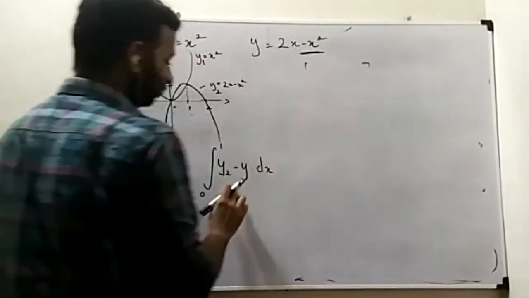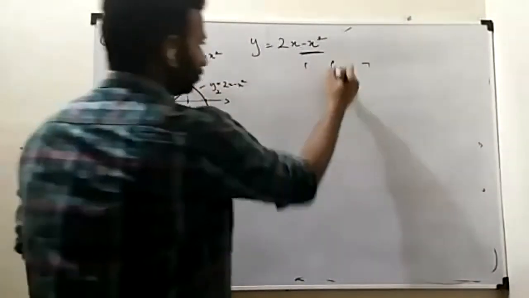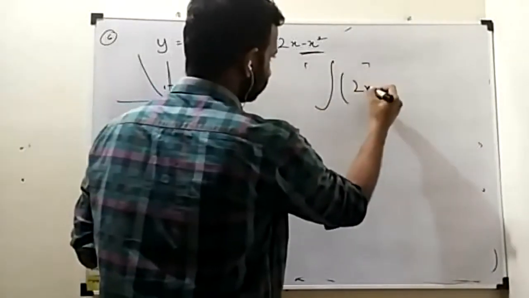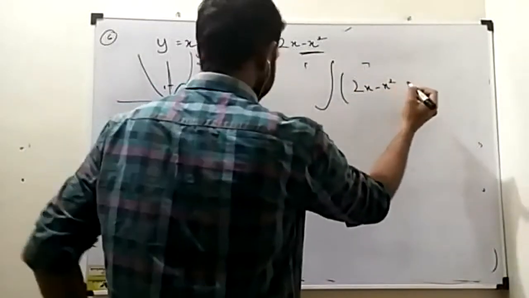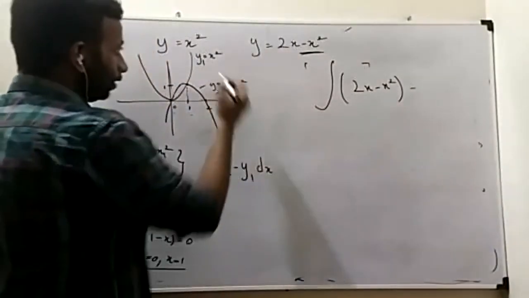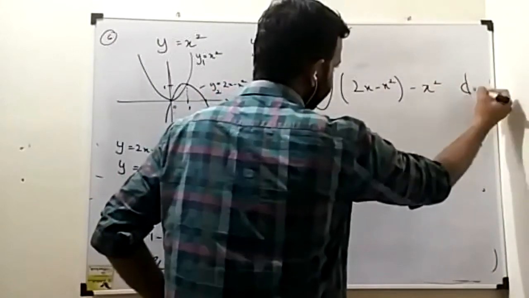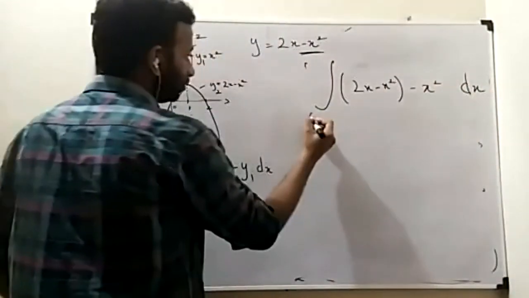What is y2? y2 is this value, 2x minus x squared, minus what is y1? x squared. The whole thing you integrate with respect to x from 0 to 1.